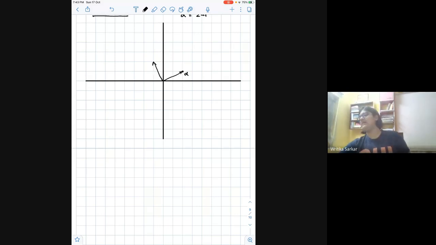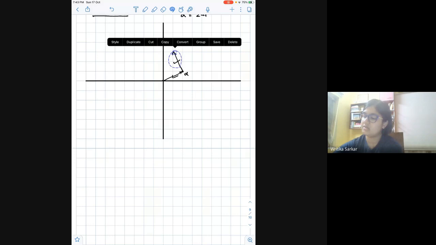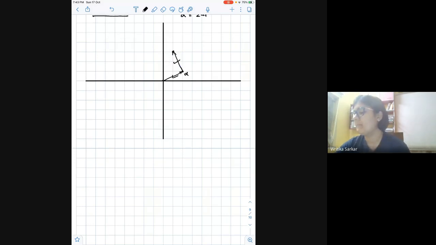So I was just saying that in the complex plane, when you add two complex numbers, it's just like vector addition. So if you're adding this one here with this one, the net result is going to be this complex number, right?